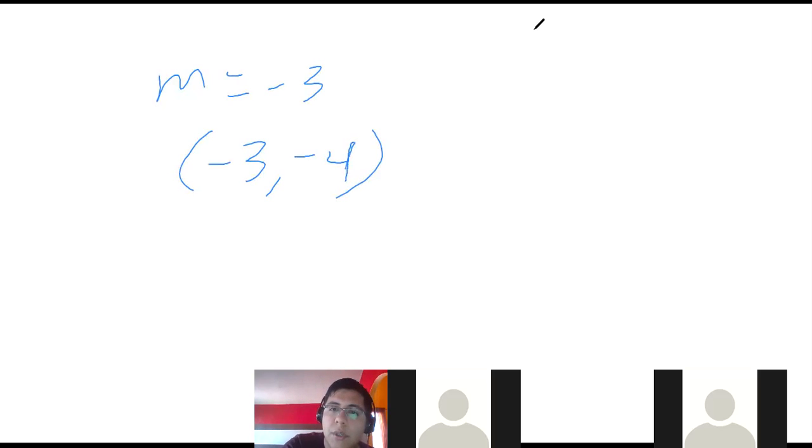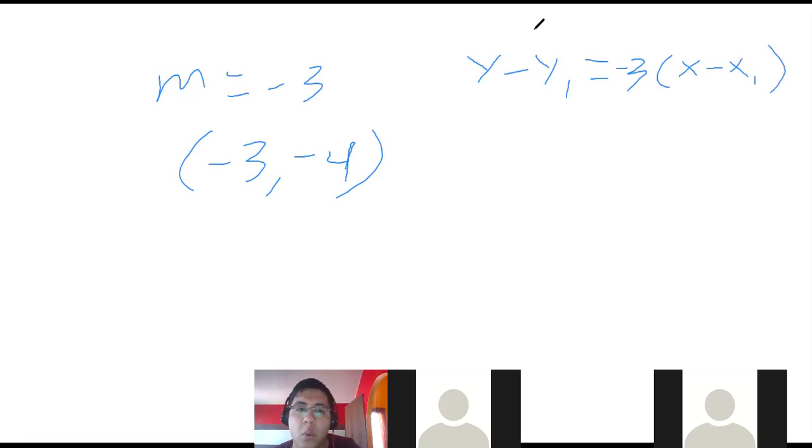So this is where we would use our point-slope formula. y minus y1 is equal to m, which is our slope, times x minus x1. So how would this formula look?